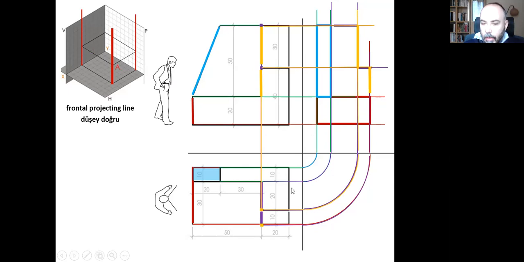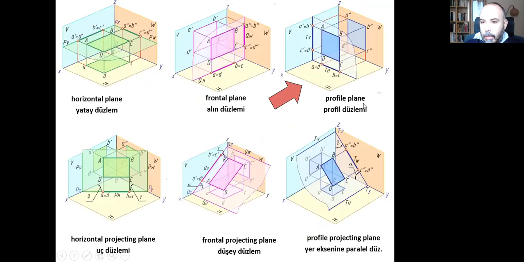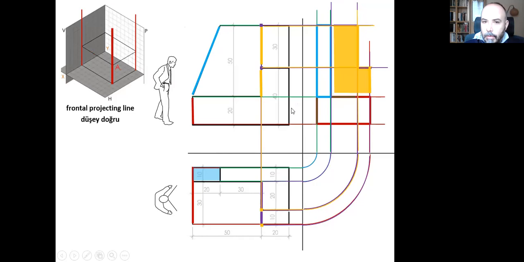And now I can say that I am looking at a surface here at this distance, which can be a profile plane. And those lines were the sides, the edges of that plane. And in the left side view, I will see the plane itself.